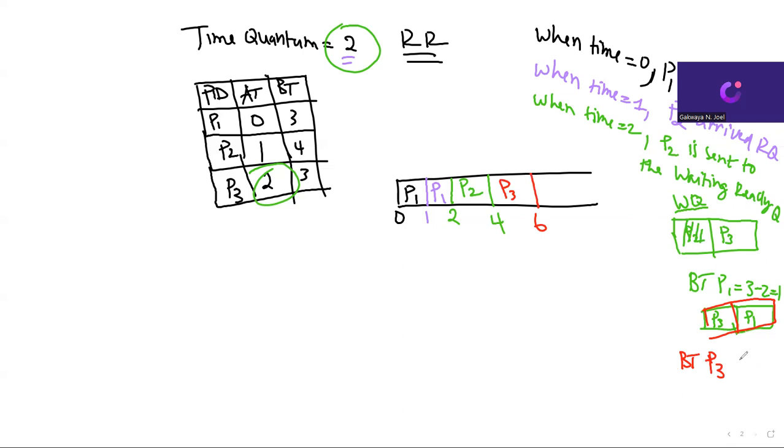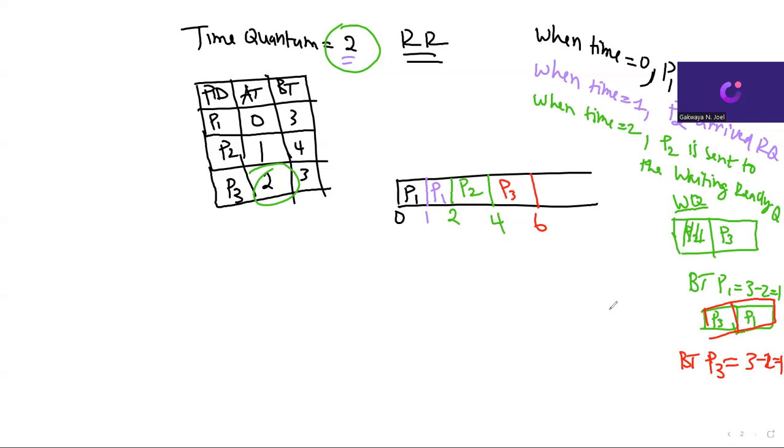We take 3 minus 1 minus 2 is equal to 1. So we update the burst time for P3. Remember, this is when the time becomes 6.